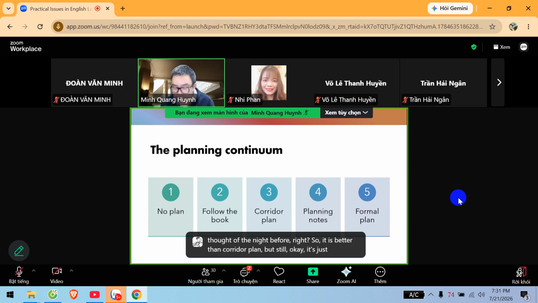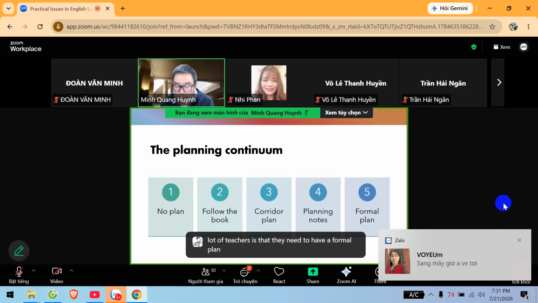For example, some of you earlier told me you will put in a warm-up, guess the celebrity, and then number 2, have a listening activity. Number 3, have a discussion and so on. So that is planning notes. And then number 5, what happens with a lot of teachers, is that they need to have a formal plan.